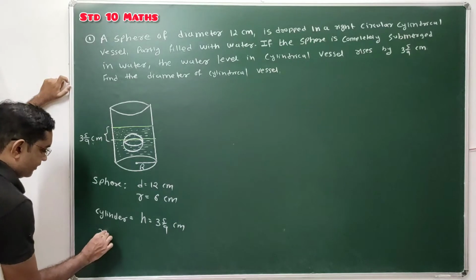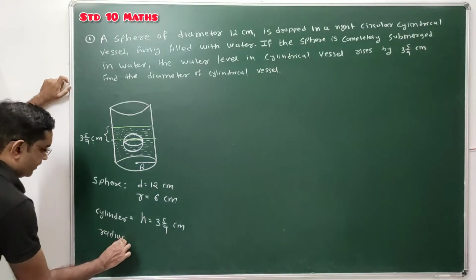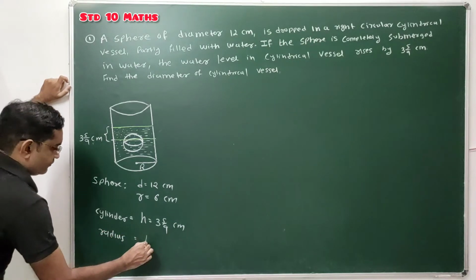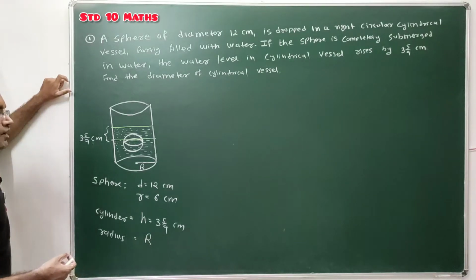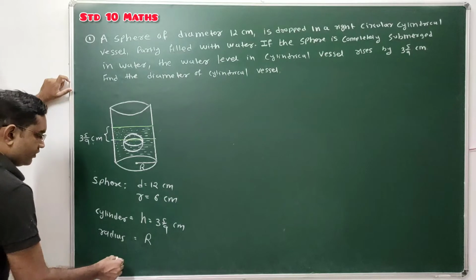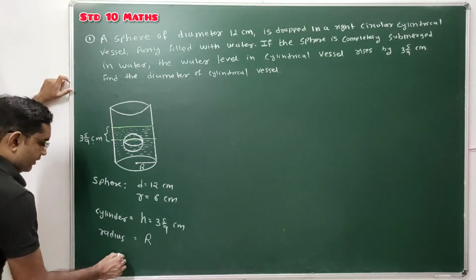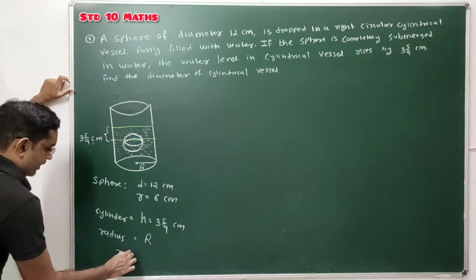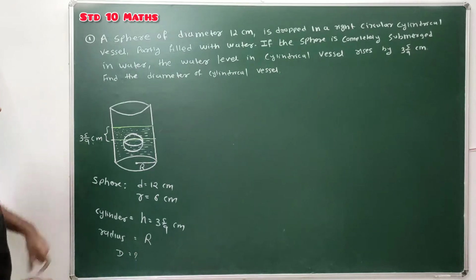And let's say the radius of the cylindrical vessel is capital R. Here you have to find capital R, and then we can find the diameter of the cylindrical vessel.